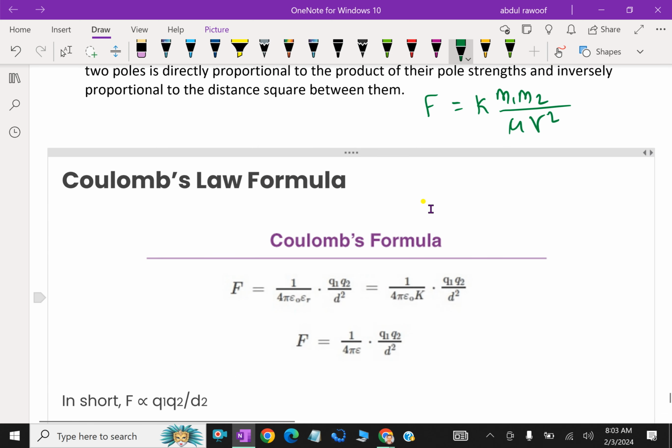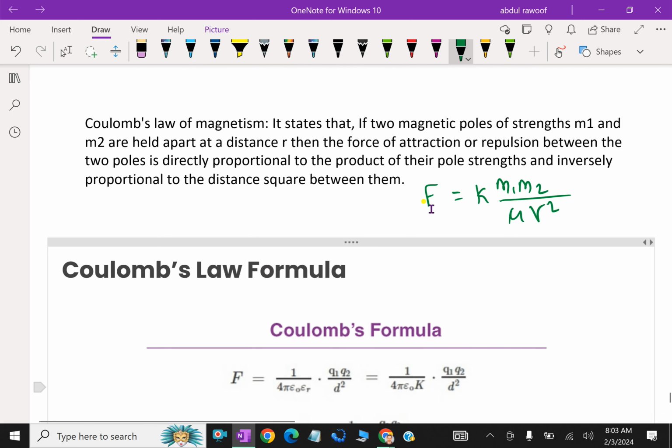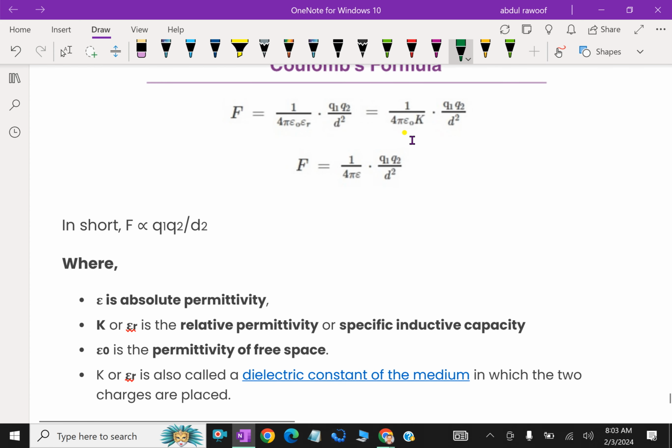Here we were using M1, but it is better to use Q, so Q1 and Q2. Therefore force is 1 by 4 pi epsilon, where epsilon equals epsilon 0 epsilon r. Therefore force equals 1 by 4 pi epsilon, Q1 and Q2 over D square, where D is the distance between these poles.